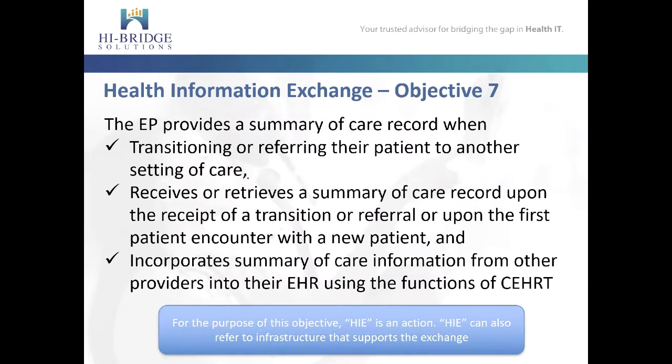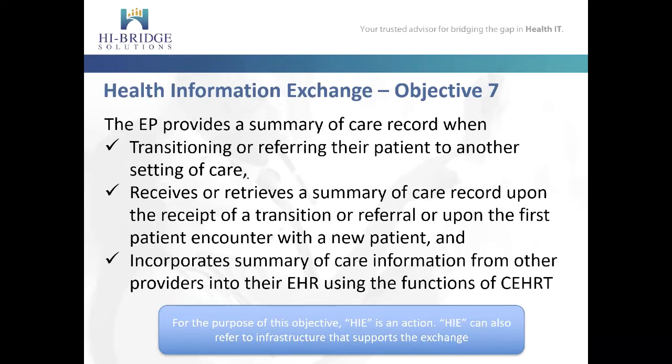For the Health Information Exchange Objective 7, the EP, or the eligible provider, has to provide a summary of care record when transitioning or referring a patient to another setting of care, receives or retrieves a summary of care record once a transition or referral has occurred, and it can be a transition, a referral, or the first patient encounter with the new patient, which does become an issue if you are referring, for some practices, if you're referring within the practice.